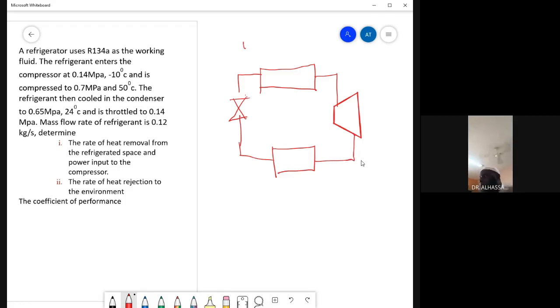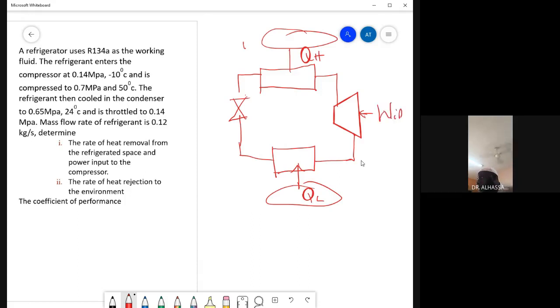Here we have the refrigeration compartment, and then we have the surrounding. So this is QL, this is QH, and then here we have W in for the compressor.